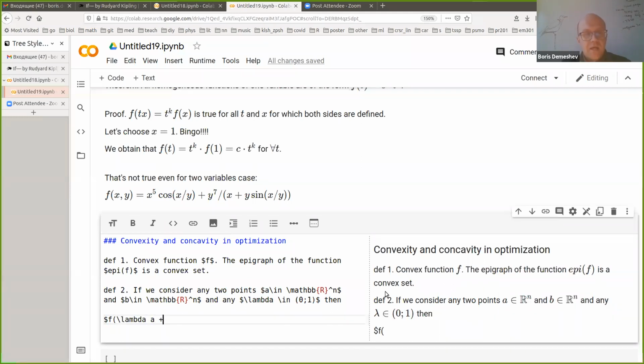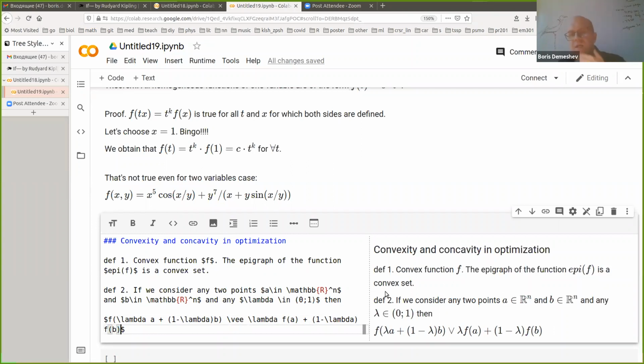The function of lambda times A plus 1 minus lambda times B, or lambda f of A plus 1 minus lambda f of B. Which side, left-hand side or right-hand side, should be greater or equal to the other?